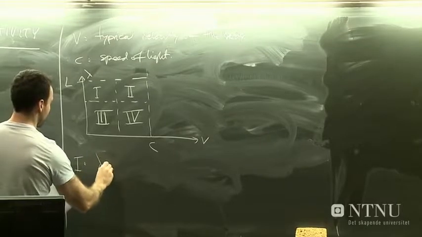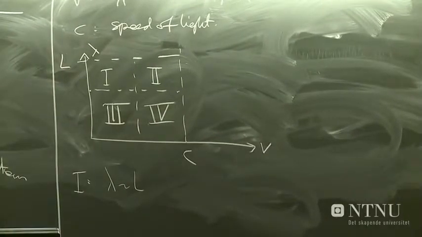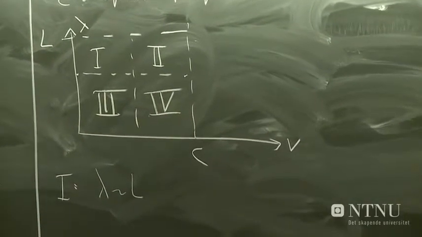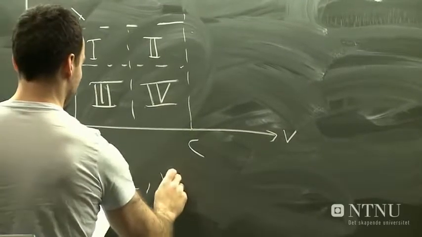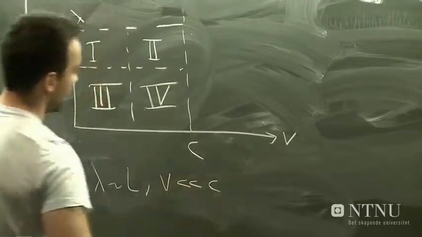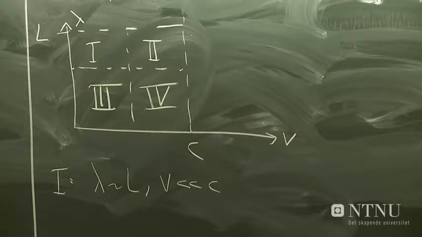The first region is where the de Broglie wavelength is comparable to the typical size of the system, but the velocity is much smaller than the speed of light.